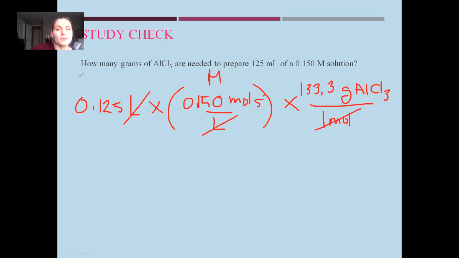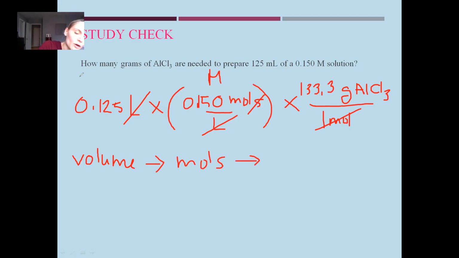So now our moles cancel out. We went from our volume and we got our moles, and now we can go and get grams. So that's a little bit of our goal of how we're going to get these.